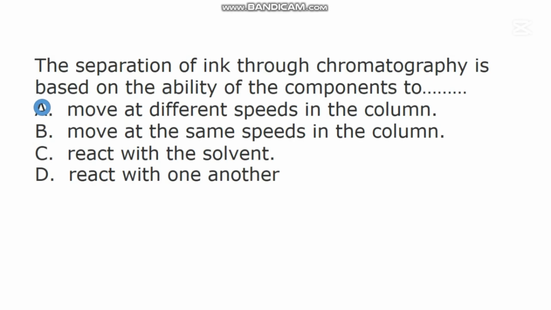So this chromatography is an advanced separation technique, as it helps in separating components of a mixture. So the components of ink can be separated through this chromatography based on the ability of the ink components to move at different speeds in the column. That's what we call column chromatography.